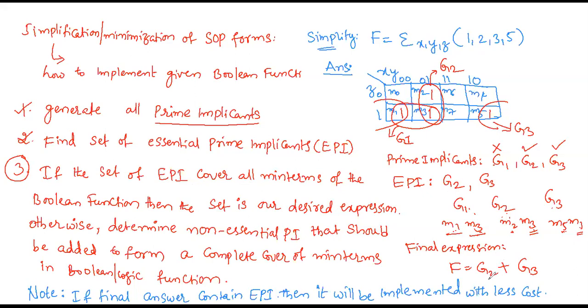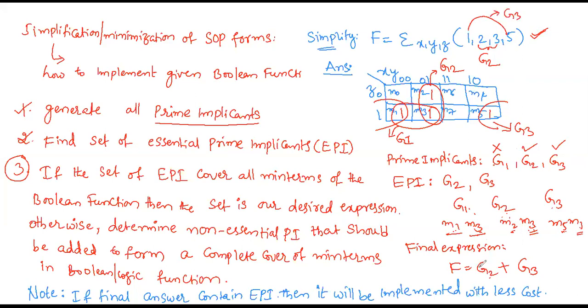See G2. Look at the expression. G2 is covering 2 and 3. Next, look at G3. G3 is covering 1 and 5.